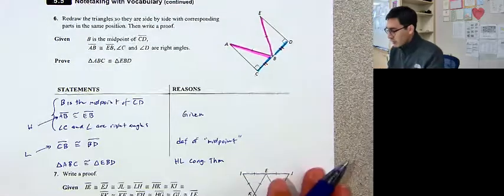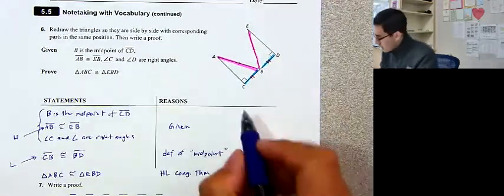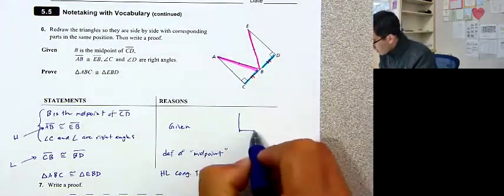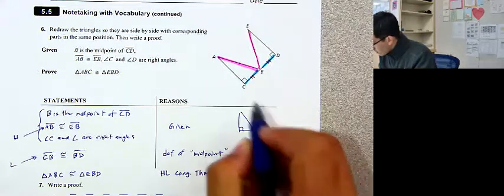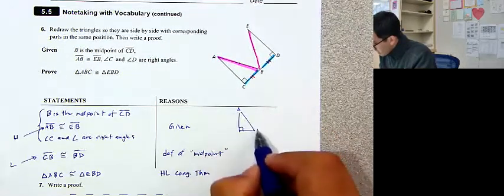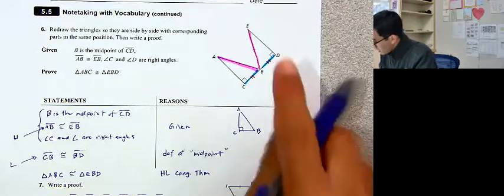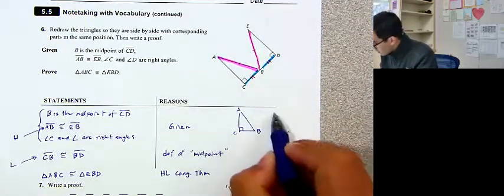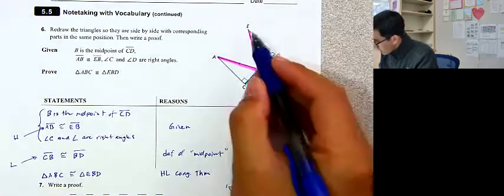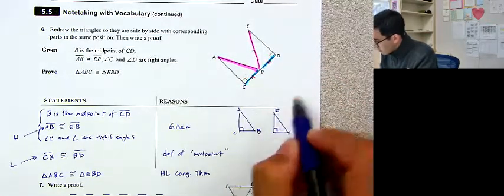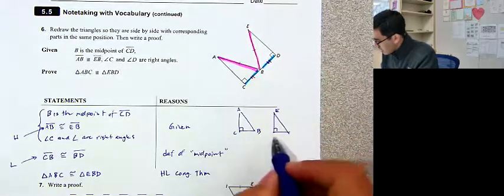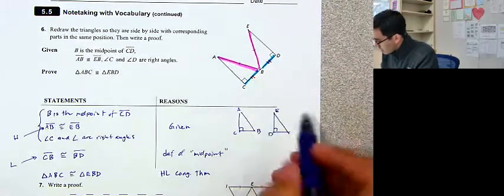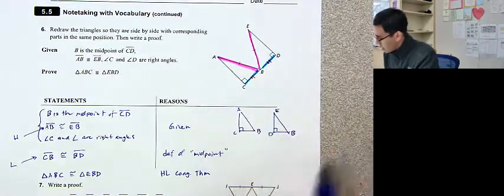All right, let's redraw the triangles. I'm going to draw them this way. So this would be A, B, C, and then this one I'm going to reflect. E is the most acute angle, D is the right angle, and B is the other acute angle.